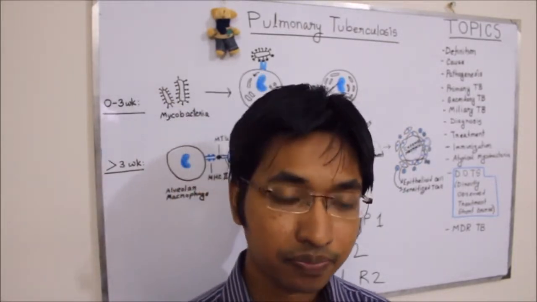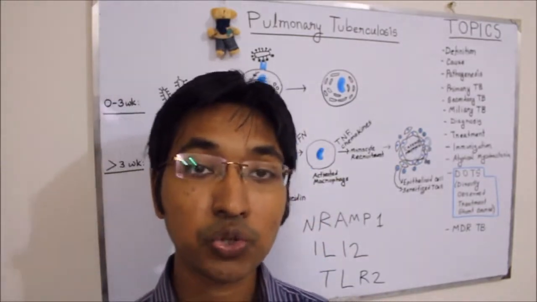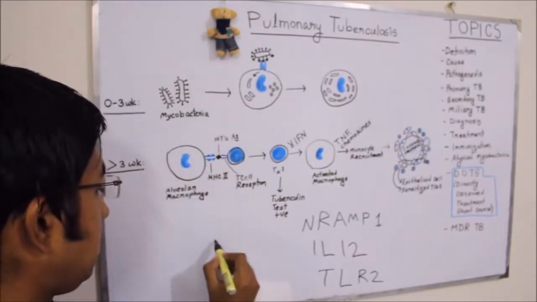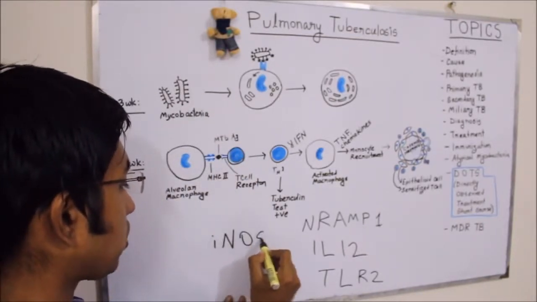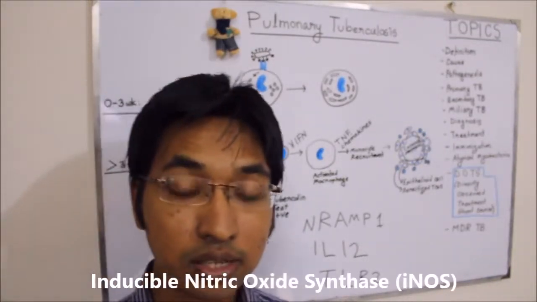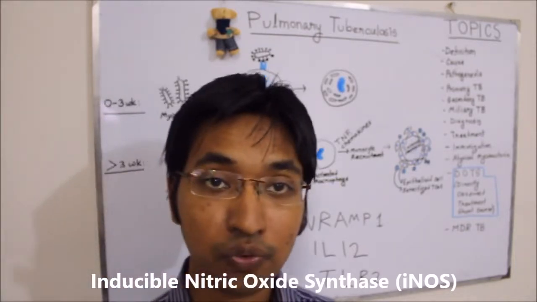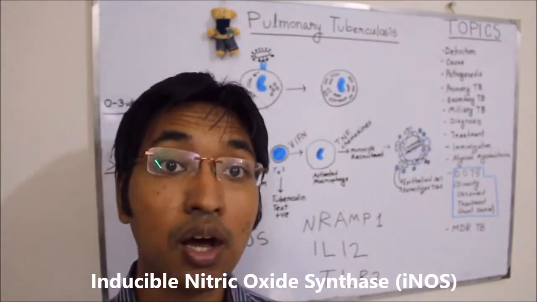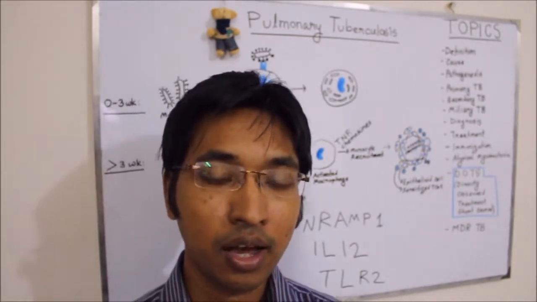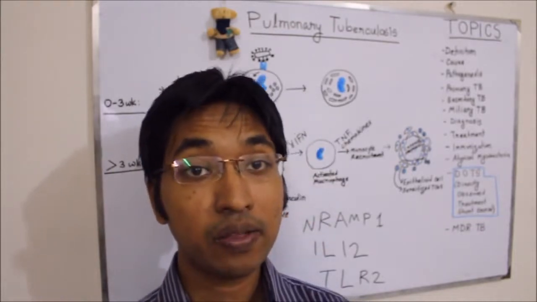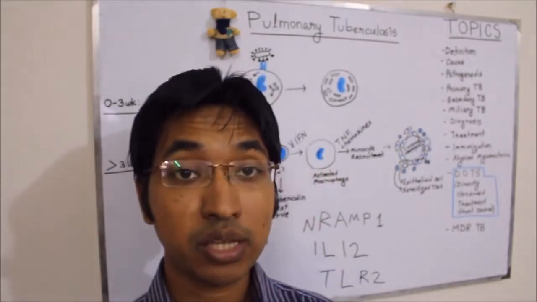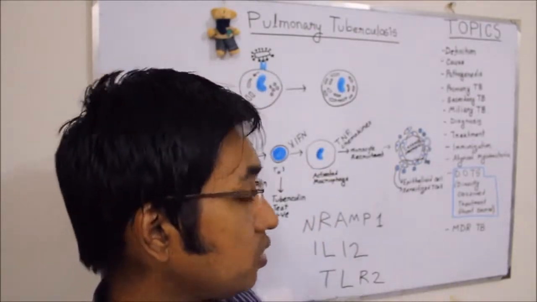At the same time, interferon gamma will also express another molecule, known as inducible nitric oxide synthase, which is also written like this, iNOS, and that will result in increased production of nitric oxide, and that is also bactericidal for the Mycobacterium tuberculosis. And also there will be another thing that we will see once macrophages are activated. They will convert themselves into epithelioid cells.